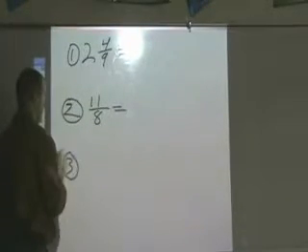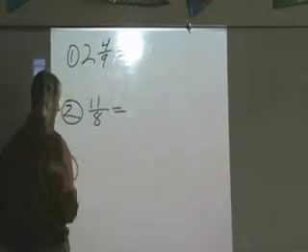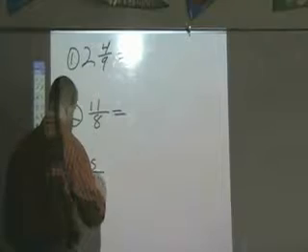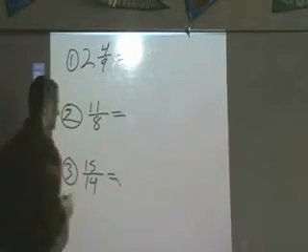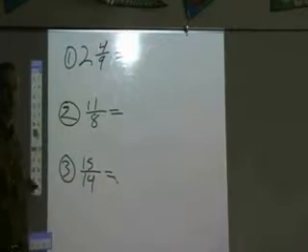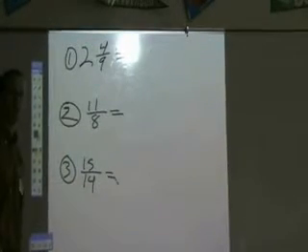And let's pick another one. Let's take the improper fraction and make it into a mixed number again. Let's take 15 over 14. Take this opportunity now to pause the podcast to finish working these out.